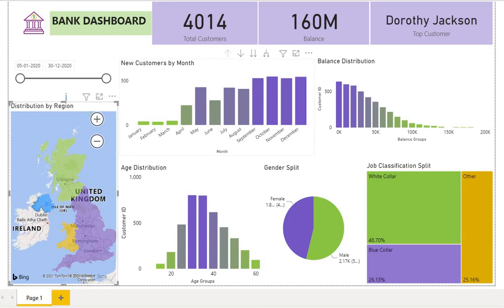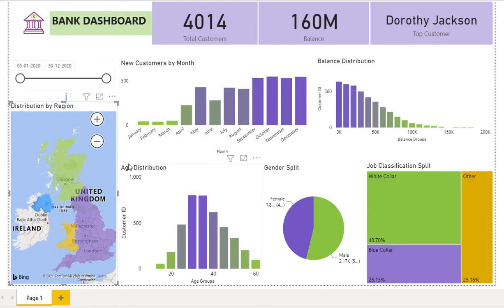Next, I have used 3 bar charts for namely new customers by month, balance distribution of the respective customers, and the age distribution of those customers. Also, I have used a pie chart for the gender split and a tree map for classification of job.